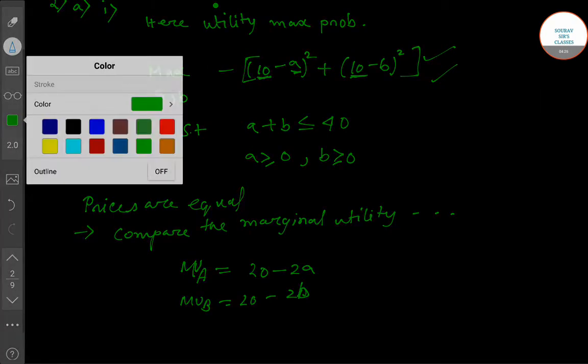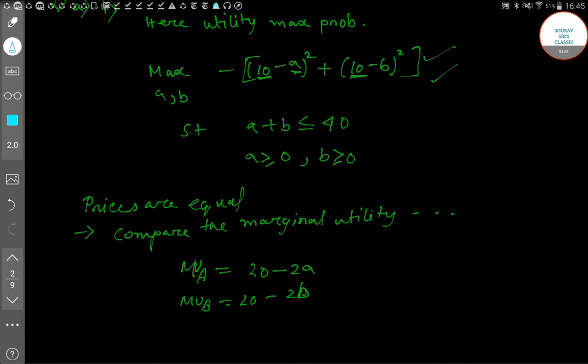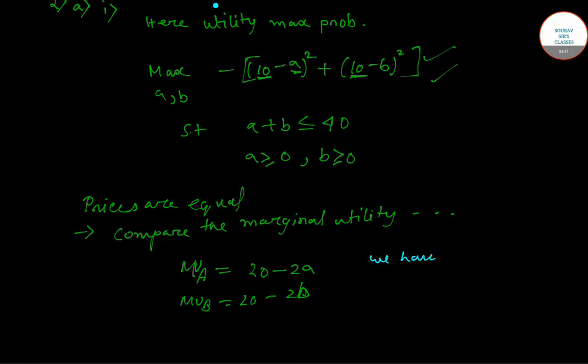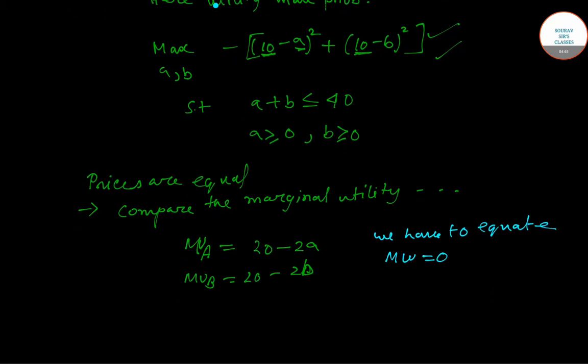Now we have to equate the marginal utility to be equal to 0. So MU A equals 0 and MU B equals 0, which says 20 minus 2a equals 0 and 20 minus 2b equals 0.